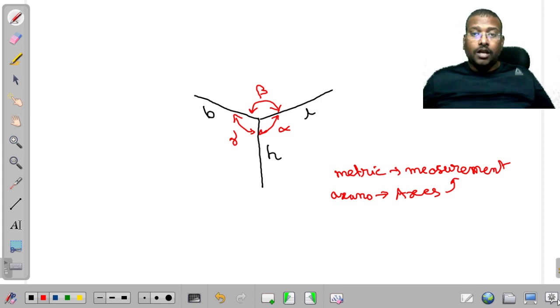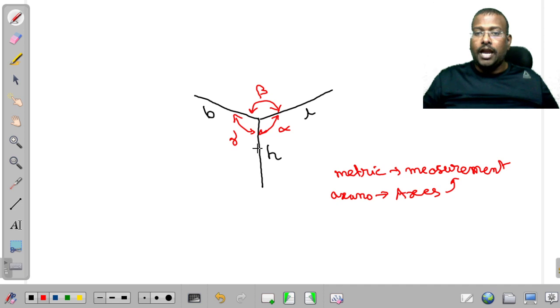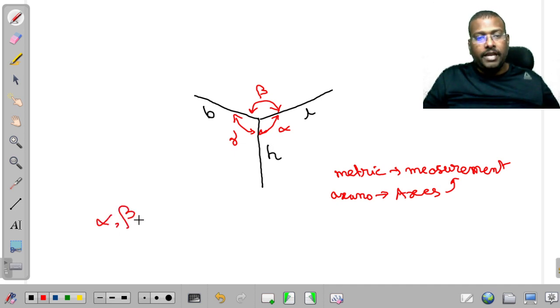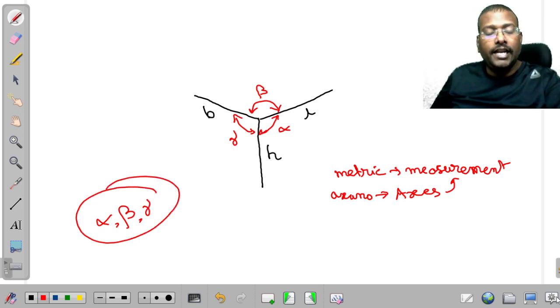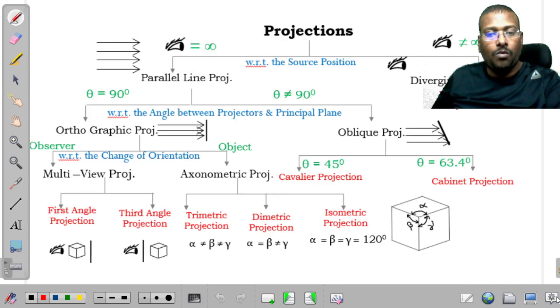So here, three axes are there. Therefore, how many angles are we going to get? Three angles, the relation between alpha, beta, gamma. Based on these three, they are divided into different categories. What are they, sir?